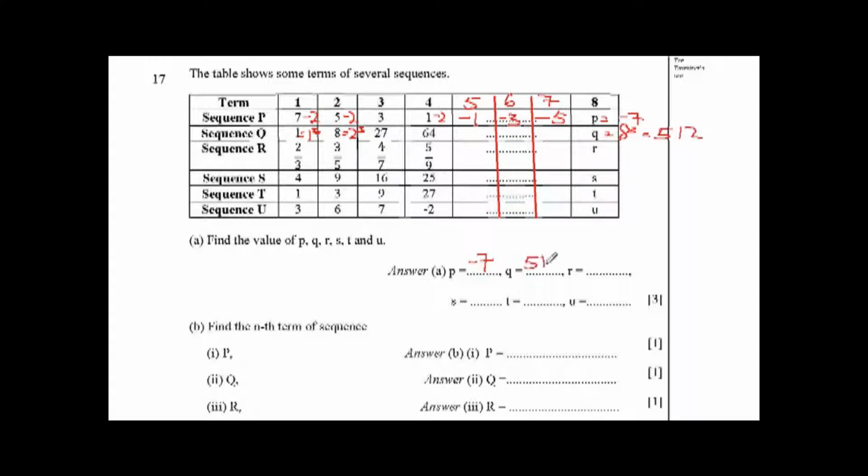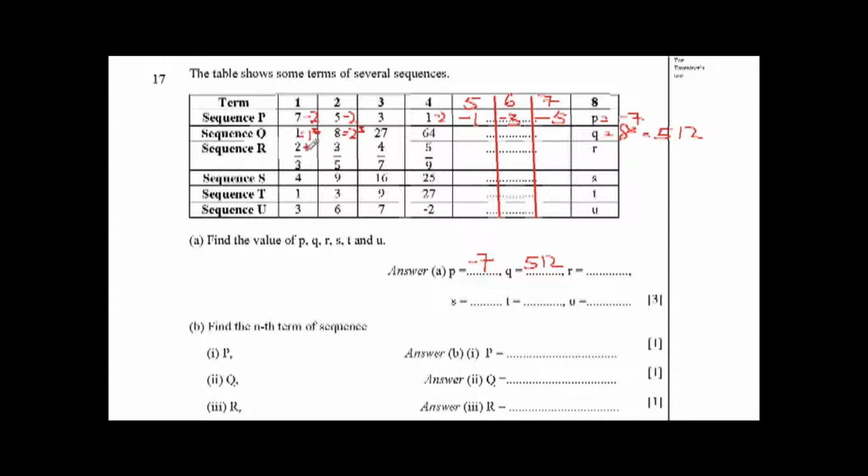So Q is 512. For sequence R, we can analyze the fraction according to the position of the digit. If we see the numerator, the subsequent numerator can be found by adding 1 to the preceding numerator.